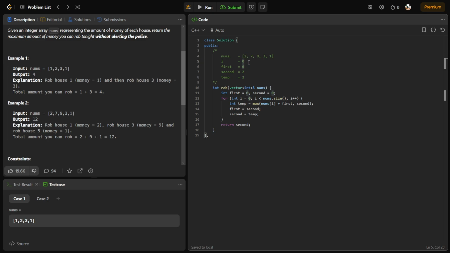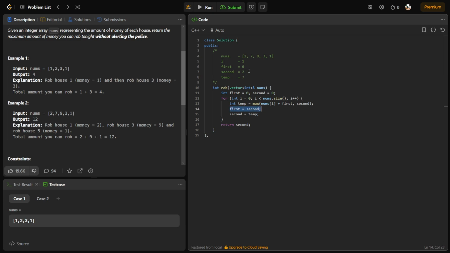So now i becomes 1. Now I'm comparing this number. Temp now equals 7 plus the first number, which is 0, meaning that there is no previous number before 2, with second, which is 2. Obviously temp, the maximum of 7 and 2, is 7.